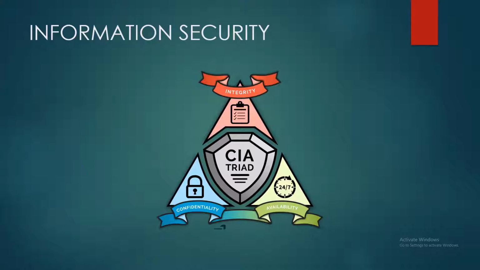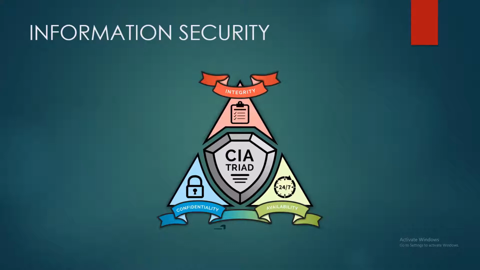So we want our services to be available 24/7, even for a second. If that system or website is unavailable, we quickly switch to different vendors. That's a risk a company will face if its services are not available.